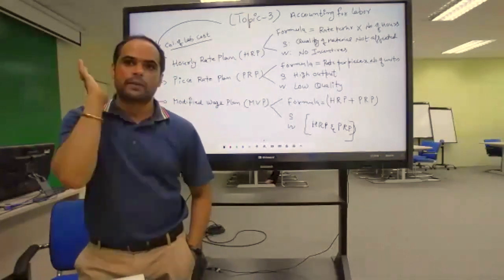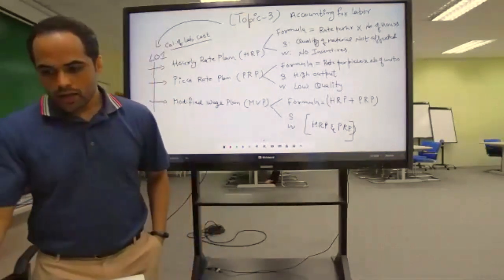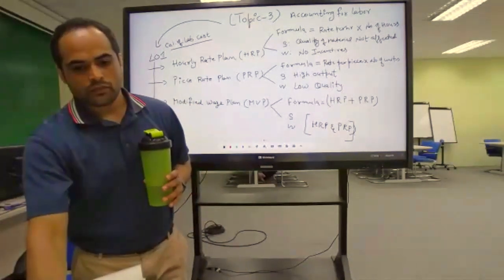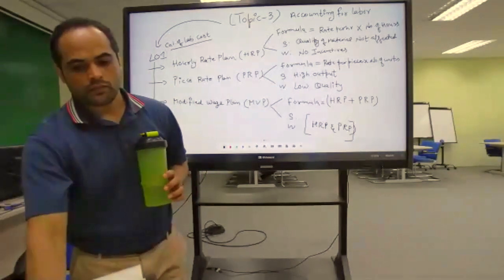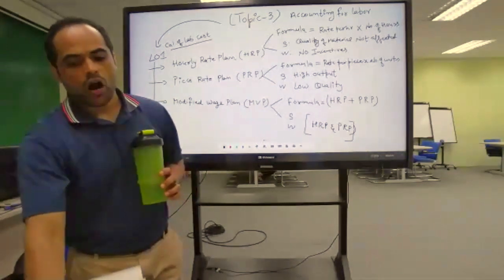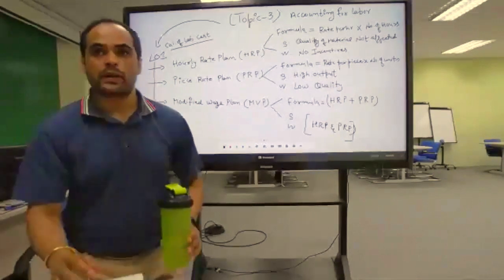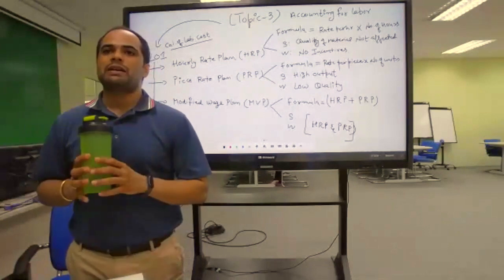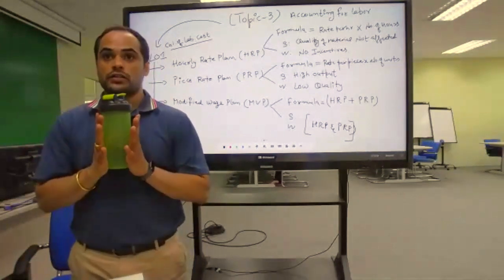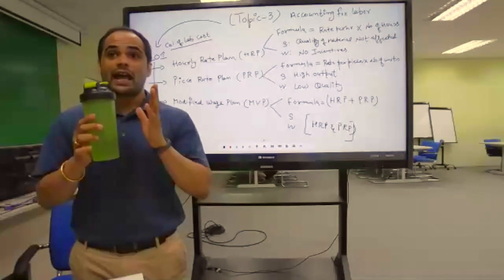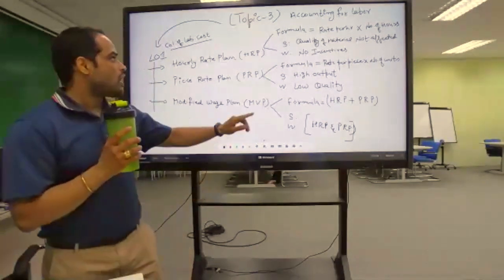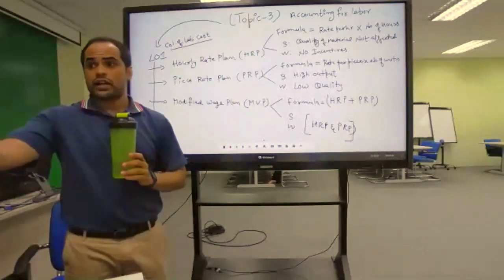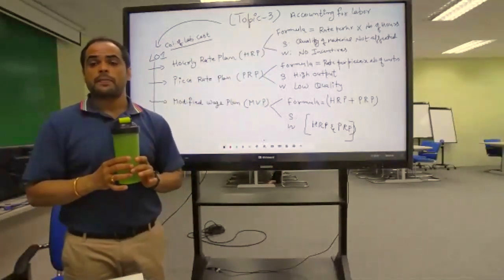Now I'm explaining the meaning of makeup guarantee. For example, I produce this product, and the company pays money to the worker according to the piece rate plan, $10 per product. So I'll give you $10, you work.